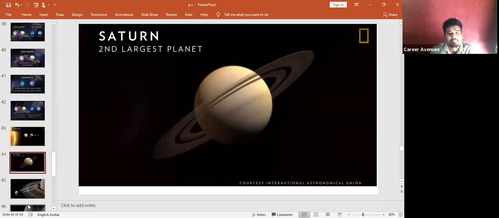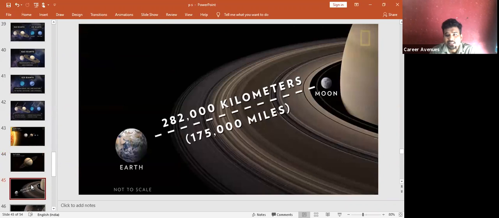So now second, in Jovian planets we have the second largest planet, that is Saturn. It is known for its ring, and see, the ring is very thick, you can say. The length of the entire ring is such that you can fit Earth and Moon inside it.